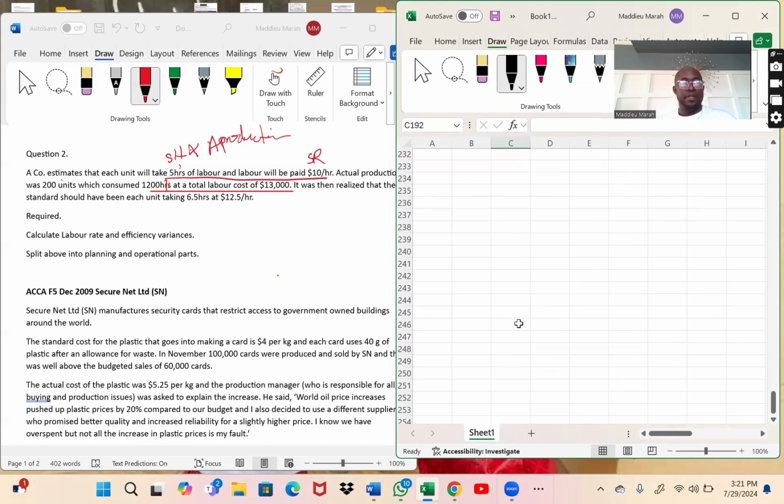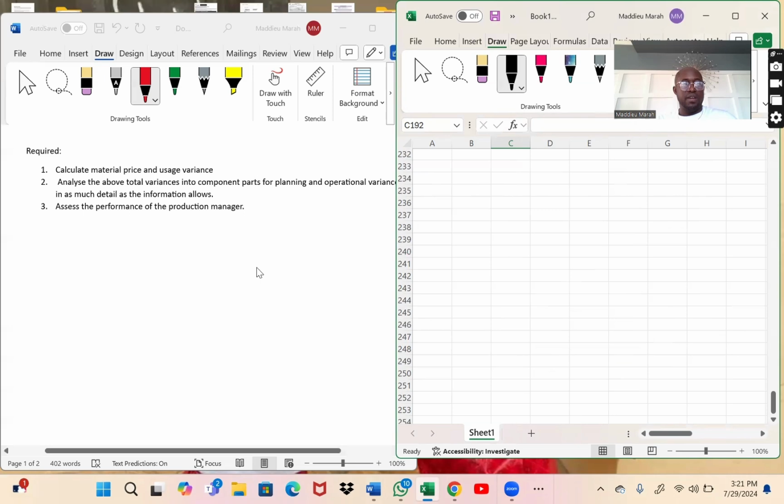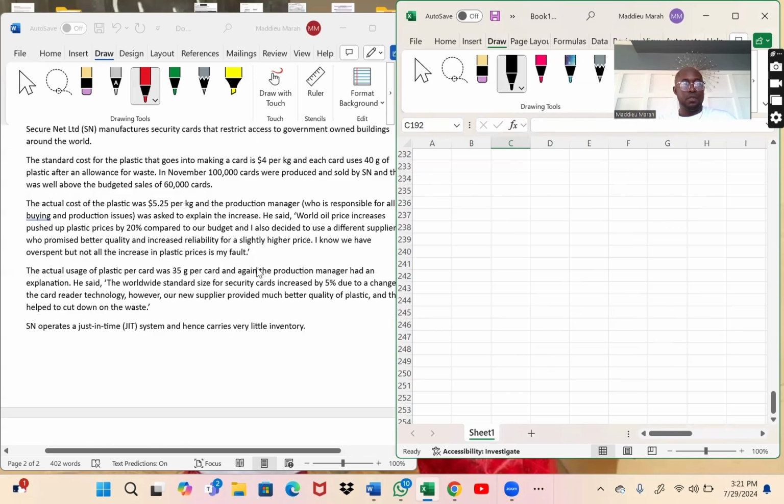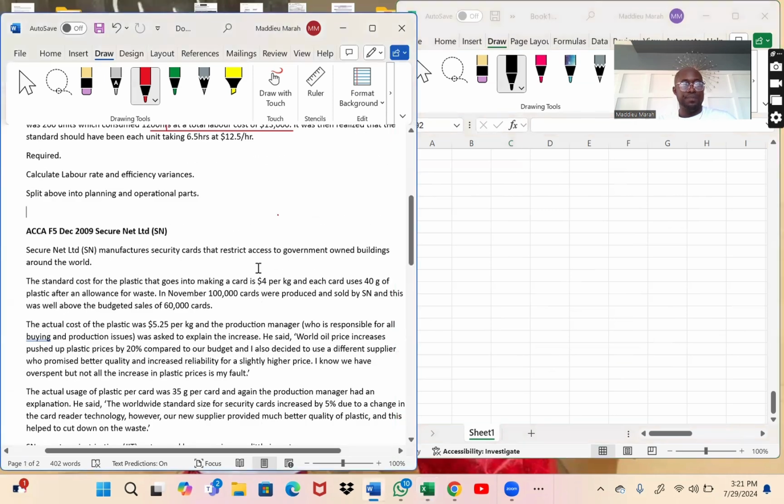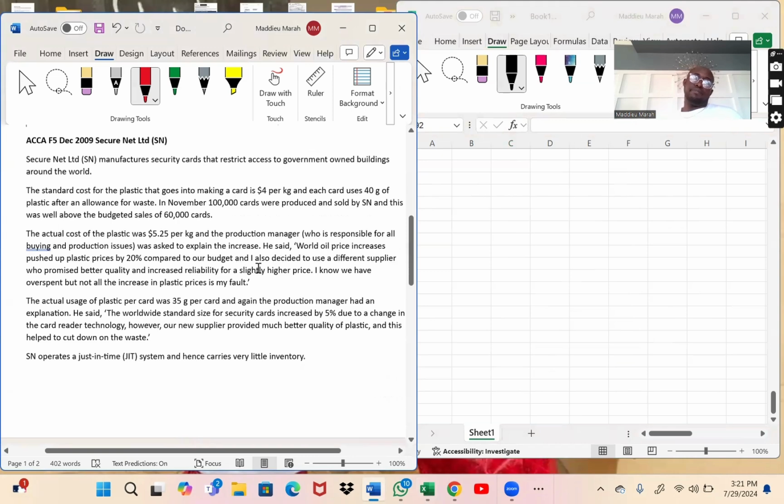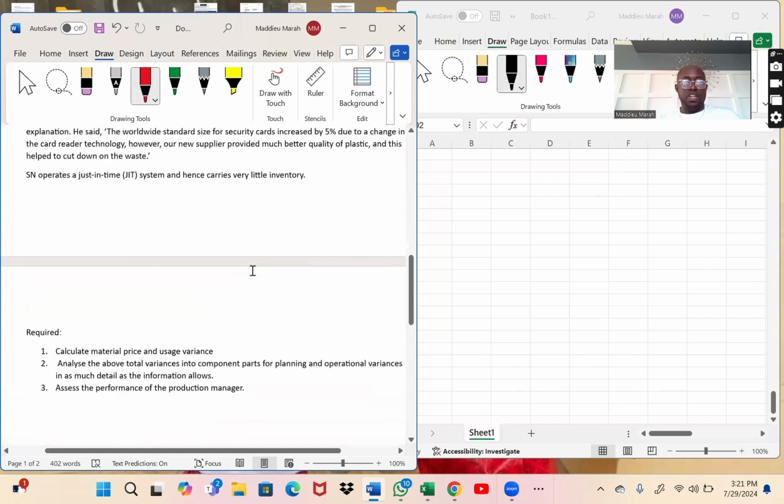We have one more question here from this. Let's see what we can get from this question. This is ACCA past question, December 2009, Securenet. What's the requirement? Calculate material price and usage variance. Okay, this we can do.